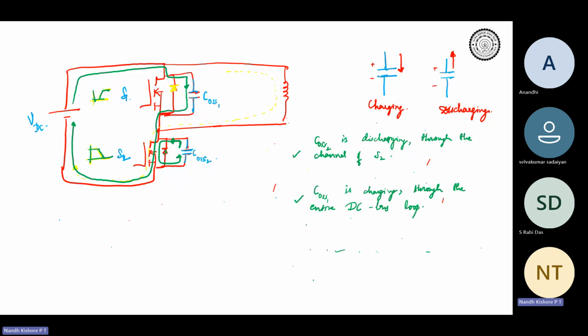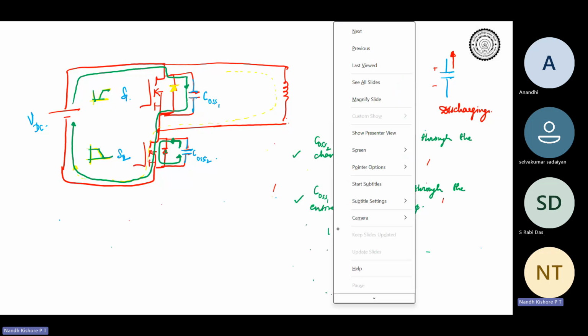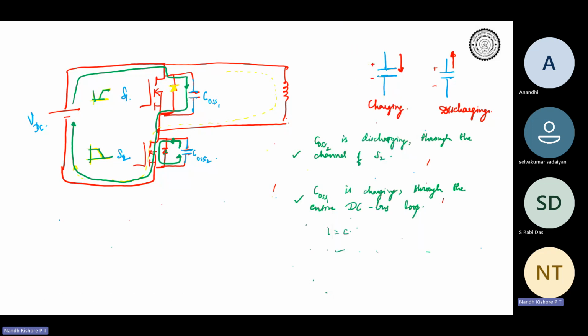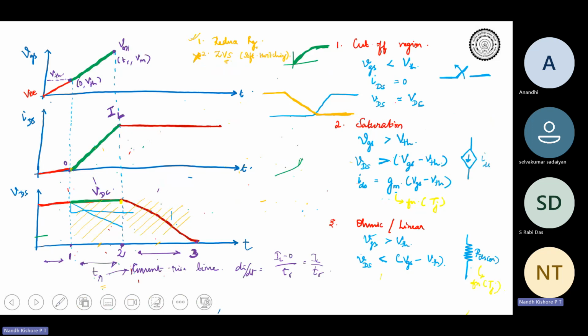The charging current is constant. So we know that I is equal to C dV by dt, right? If I is constant, then dV by dt is constant. So dV by dt is falling at a constant rate. So let's assume for simplicity that your voltage falls linearly because the current is constant.